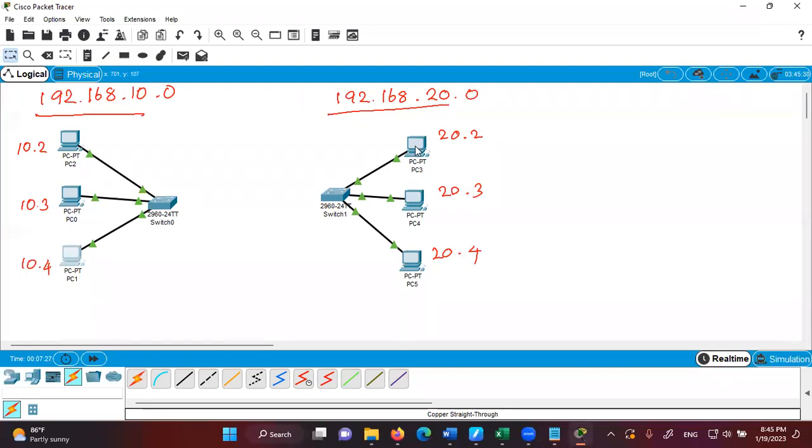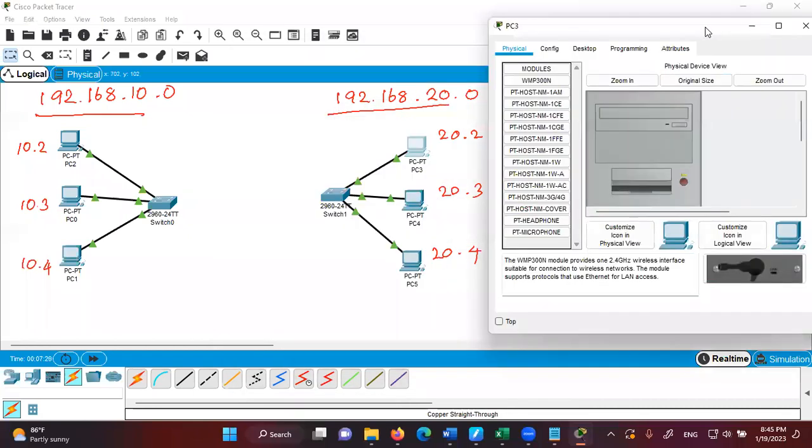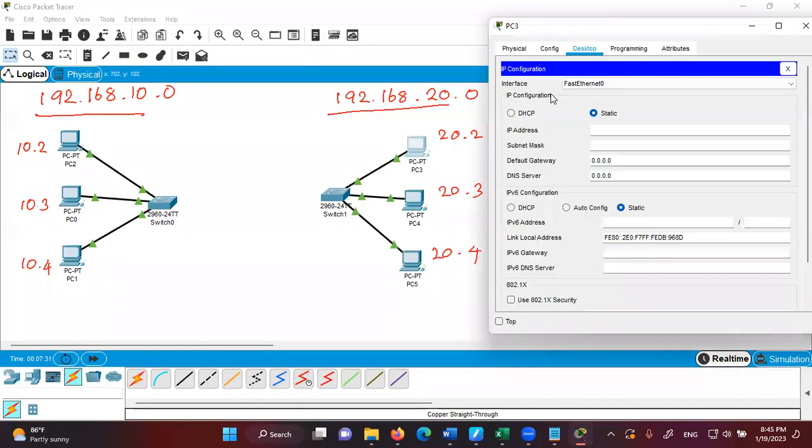Now for these computers also, I'm going to give IP configurations. So here, 192.168.20.2, gateway 192.168.20.1 is the gateway.